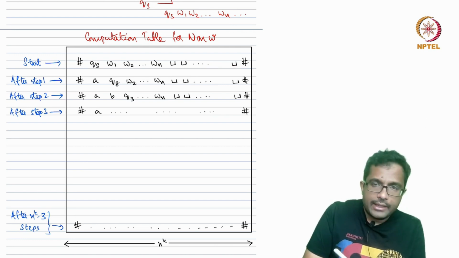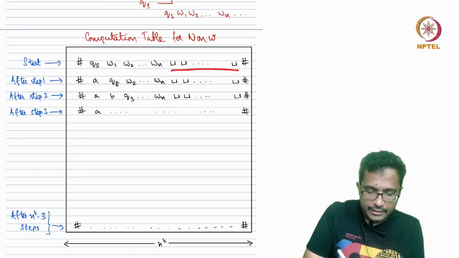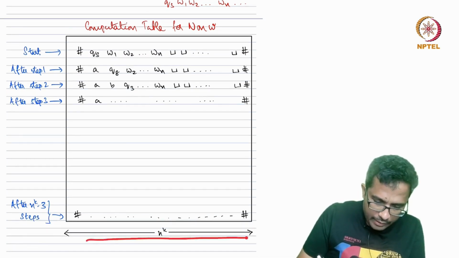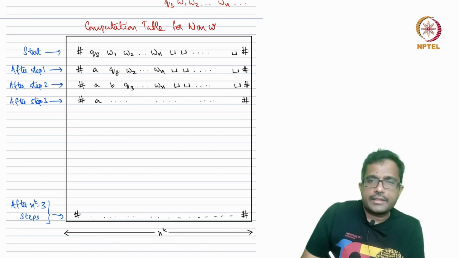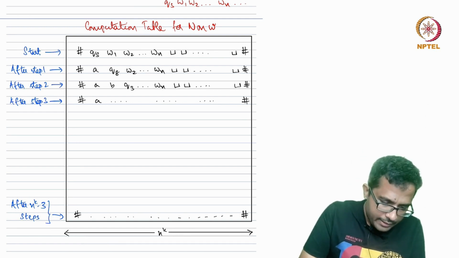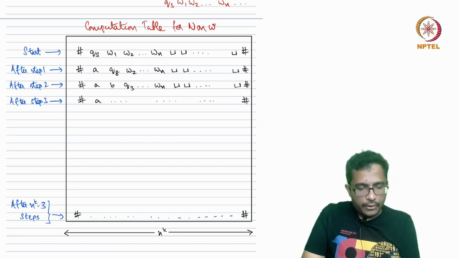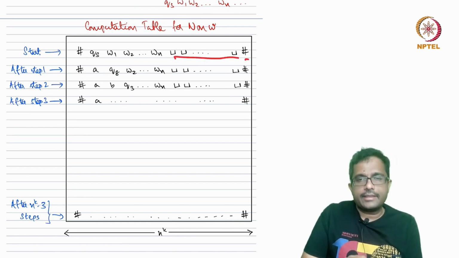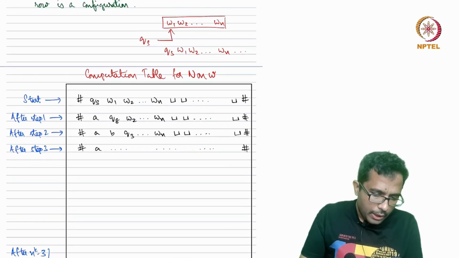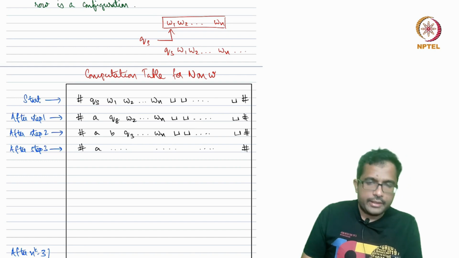So the rest of the locations we put blanks, right? That's what I have indicated in the bottom of the screen. N power k is the width of this table or tableau. So the first n locations we put W1 to Wn, and before that we have the hash and the start state, followed by blanks, and the last location is a hash again, right? Now this is the computation table.